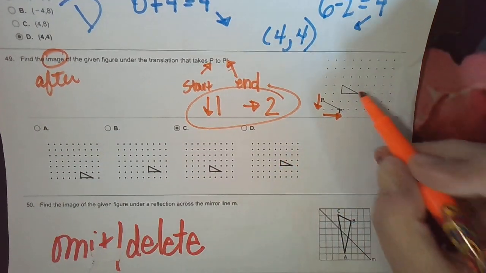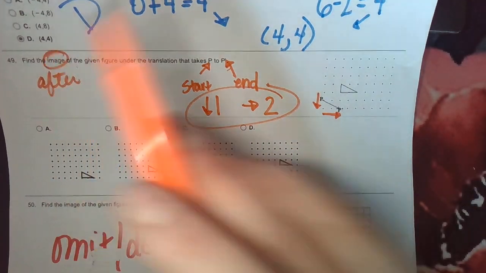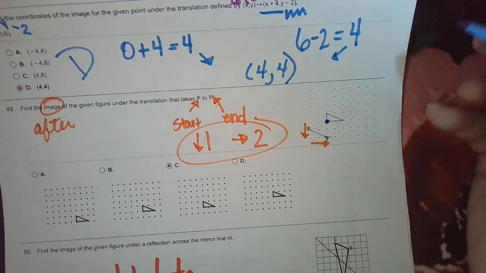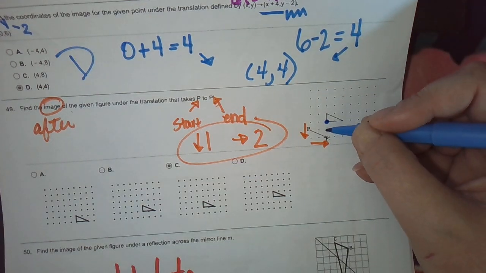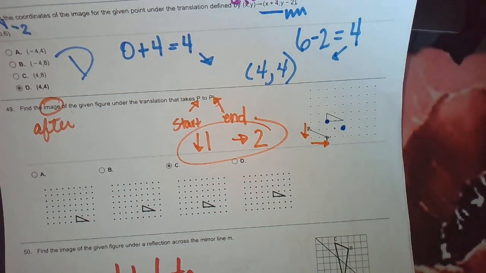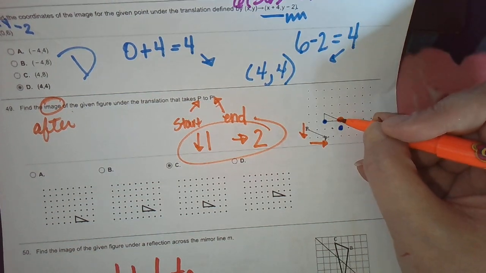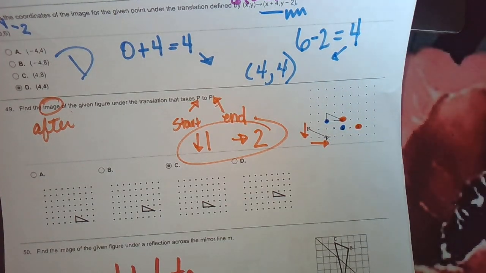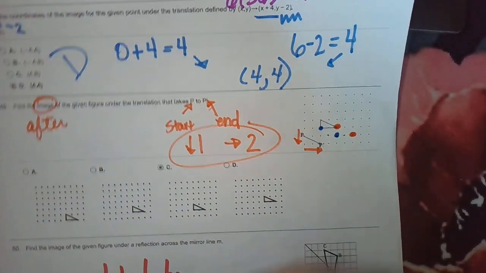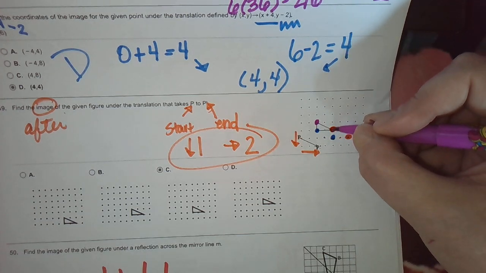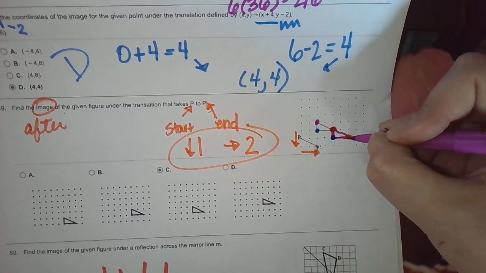So this is how we're going to get this triangle to its image. We take each point, each dot, every vertex, and move it down 1 to the right 2. So our new picture should be this guy.